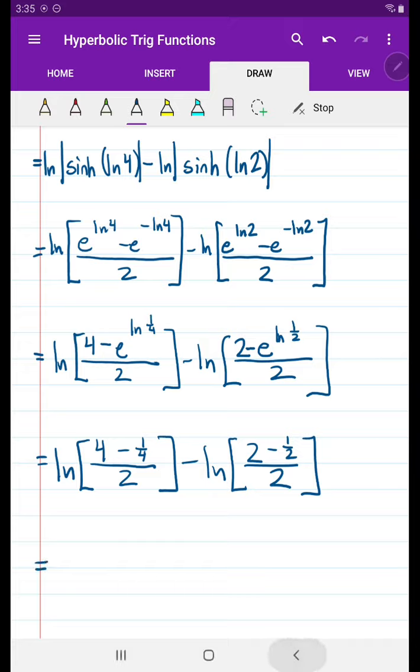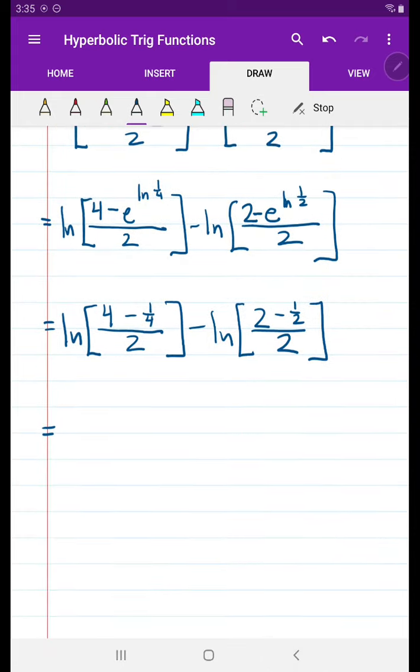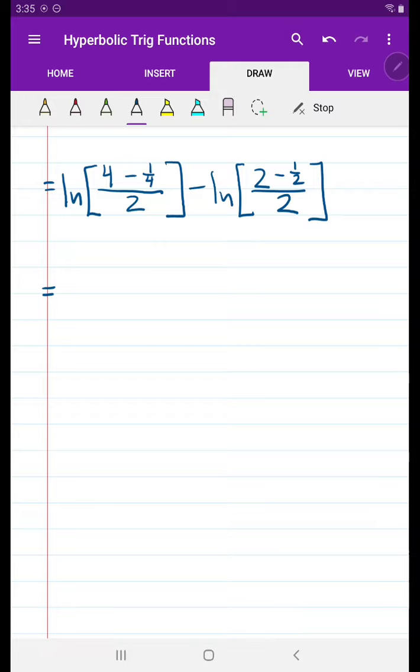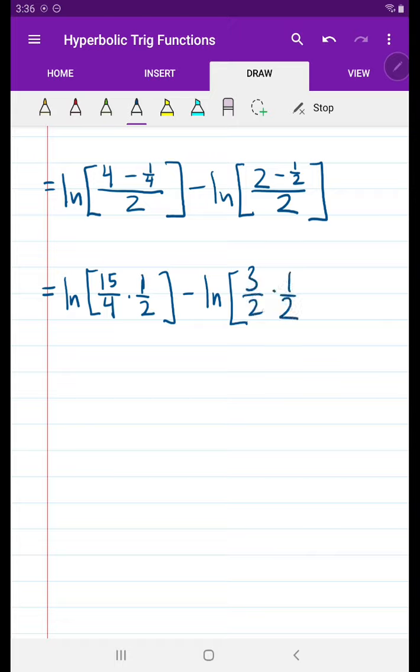Okay, so then, trying to break this down to be as simple as possible, we'll get the natural log of 15/4 times 1/2, minus the natural log of 3/2 times 1/2, right?